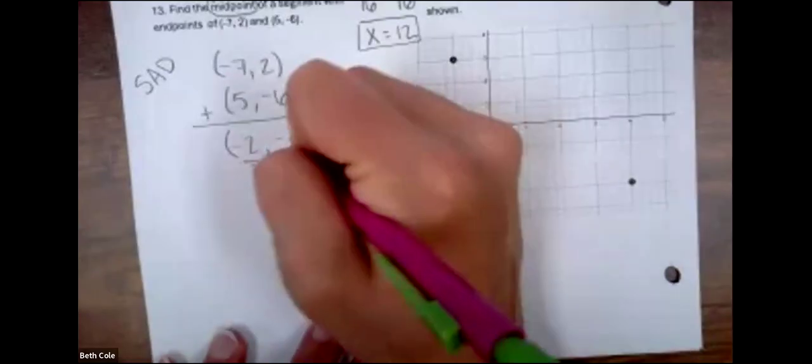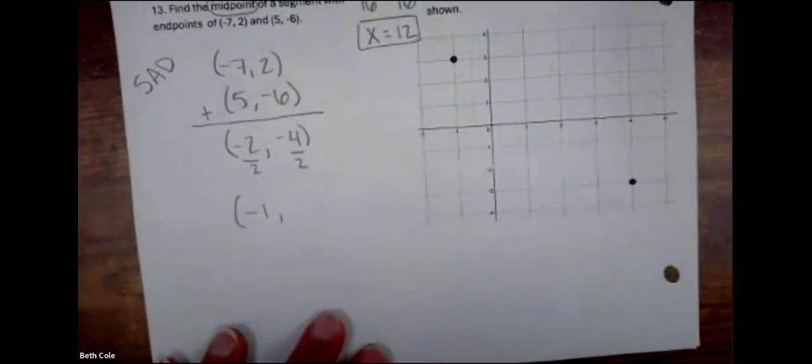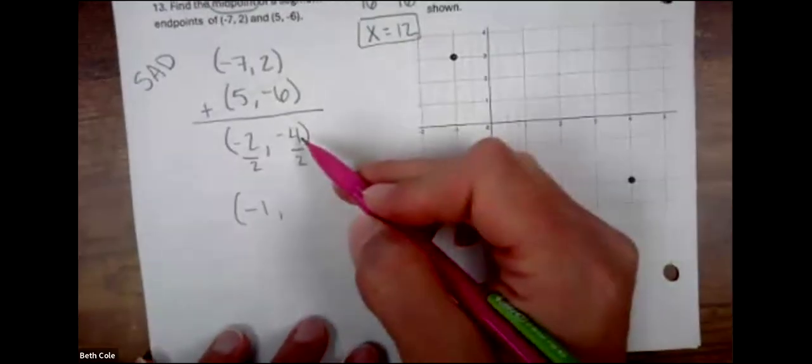Midpoint means you want the middle, so you're going to divide it in half. Again, use the calculator. You need to know stack, add, divide, but after that, just type it in. -2 divided by 2 means -1. And then -4 divided by 2, -2. Perfect. And that's your answer.